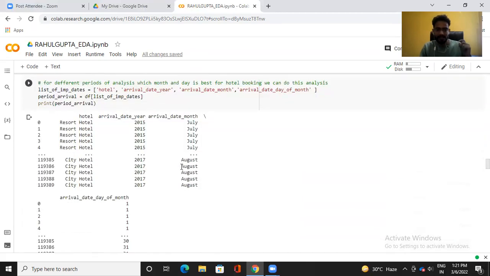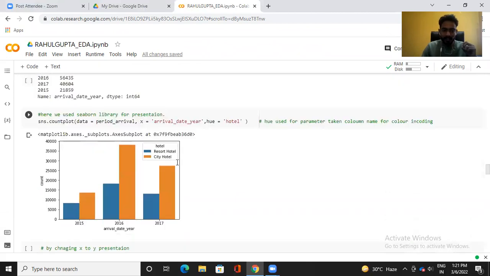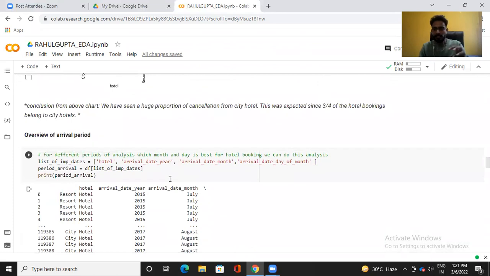But one most important thing I concluded is about the deposit type. That means if someone has booked a hotel, did they deposit something or not. We found that around 80% are non-deposit type.